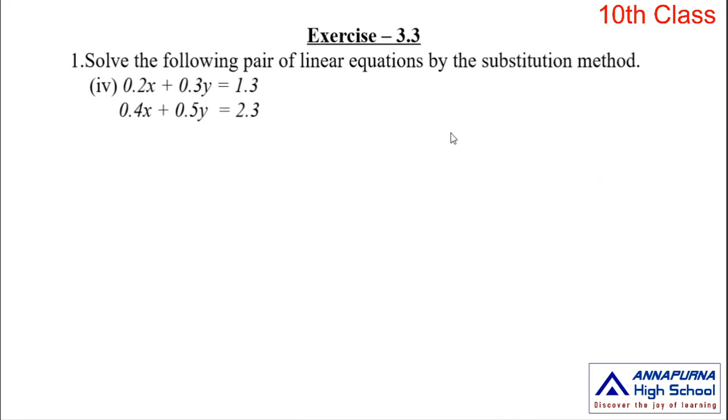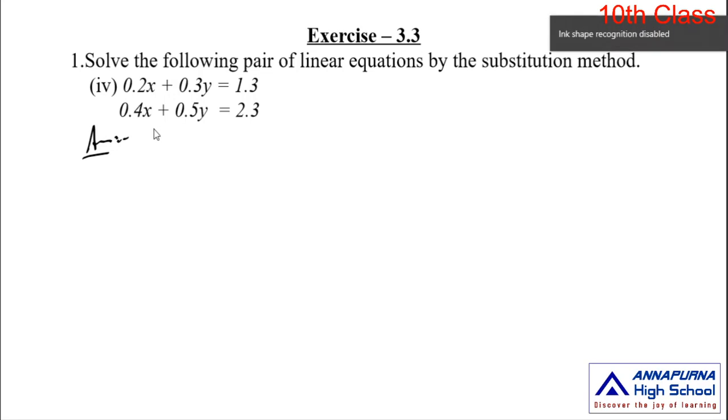Here the fourth pair is 0.2 into x plus 0.3 into y is equal to 1.3, and the second equation is 0.4 into x plus 0.5 into y is equal to 2.3. First write down the given equations and observe the coefficients.